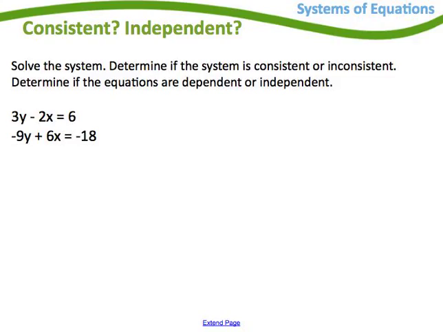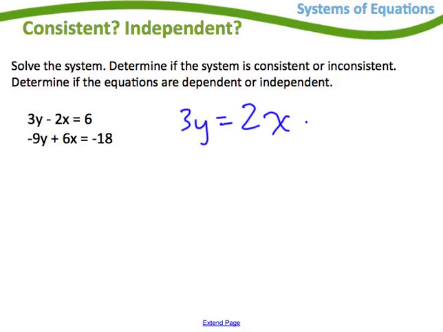Okay, so for a little bit of practice, we could try this one. We could take a look at these two equations here. Now, when I look at them, it looks like there's a factor of 3 in there, doesn't there? Let's just try and make them look like the normal equation, y equals mx plus b, and just see what we come up with.